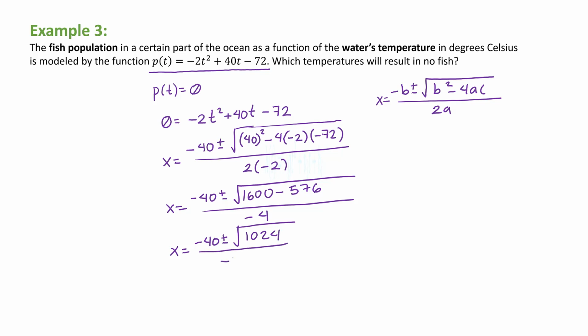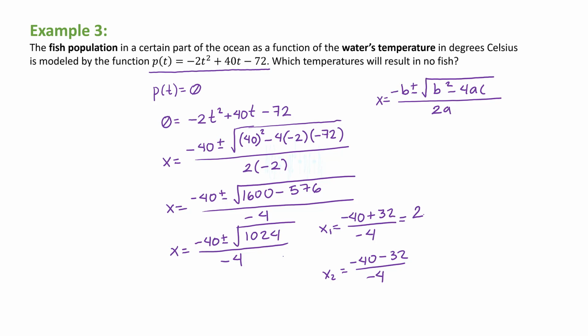over minus 4. And then we divide into first adding, plus the square root of 1,024 is 32 over minus 4. And in our second option is minus 40 minus 32 over minus 4. Minus 40 plus 32 over minus 4 gives us 2.